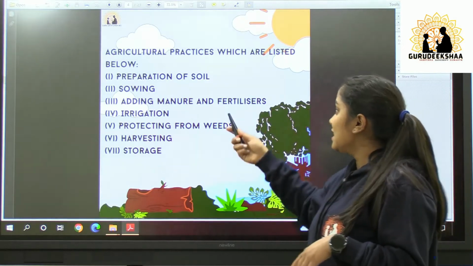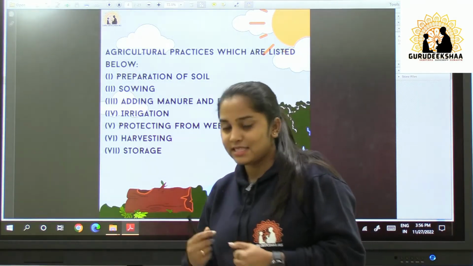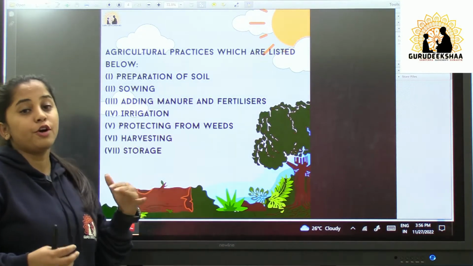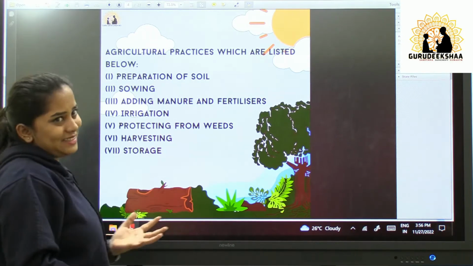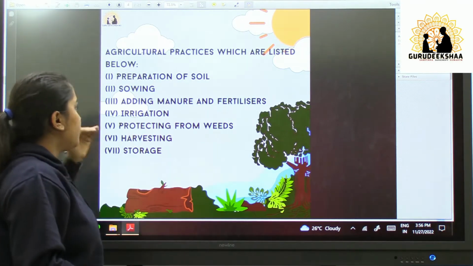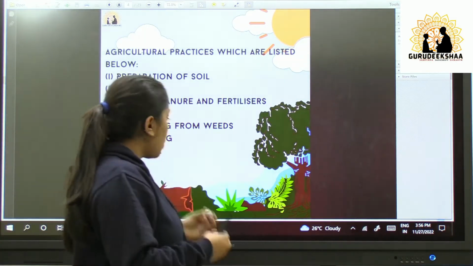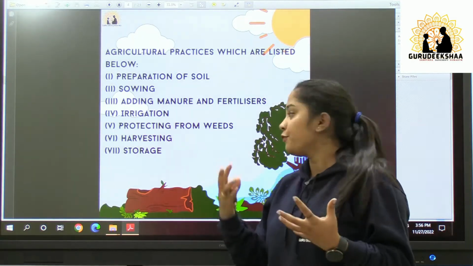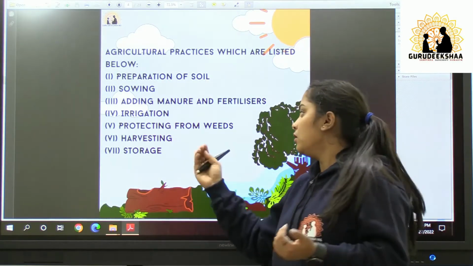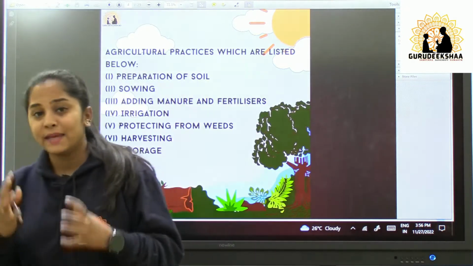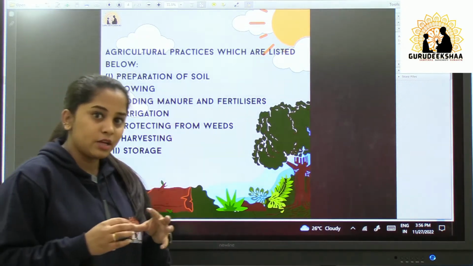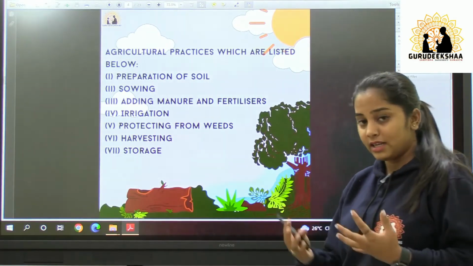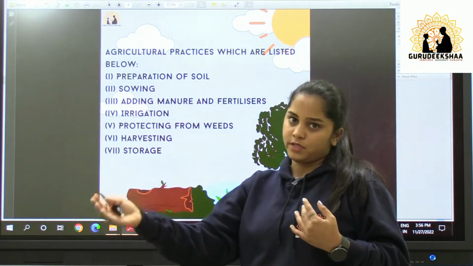So these are some of the agricultural practices which might give a very good production of crops: preparation of the soil, sowing, adding manure or fertilizers, irrigation, protection from weeds, harvesting and storage. These are the practices a farmer should include so that he can get a very good production of crops, right?